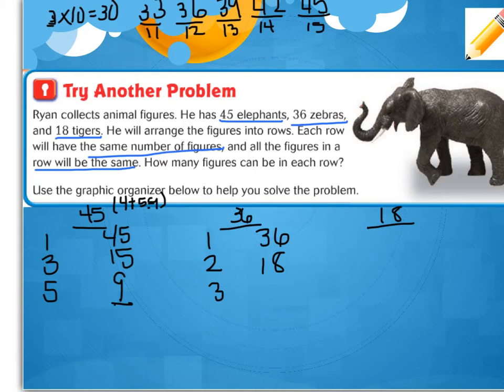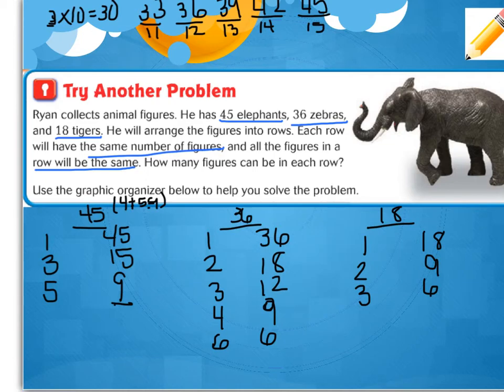Three and 12, 4 and 9, and 6 times 6. For 18, did you get 1 times 18? 2 times 9? 3 times 6? And then you're done.